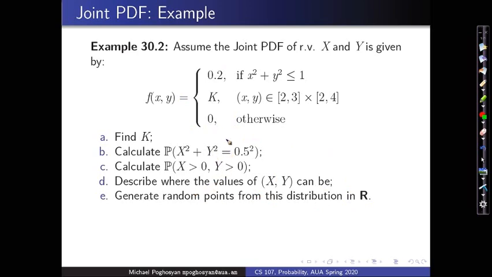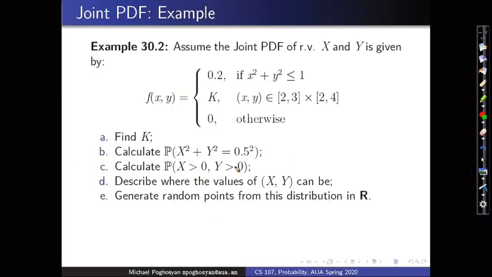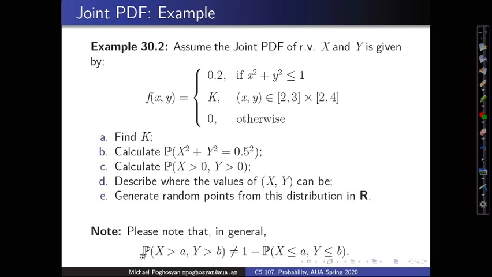Okay, so let me move here, erase everything, move back, and talk about this. So here we were asked to calculate the probability that x is larger than 0 and y is larger than 0. So please note that in general, this is another common mistake people are making.